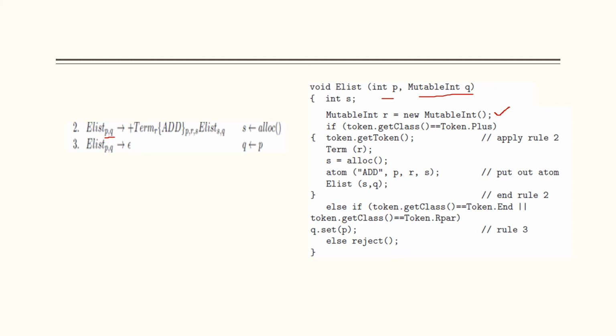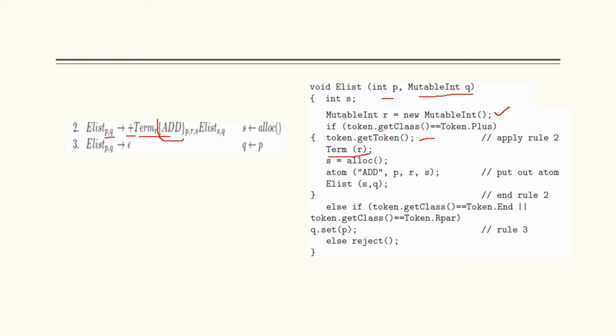So the input will start with a plus sign, so token dot plus. If it is token dot plus, then token dot get the input, and then you continue with term R. Okay, so term R is the parameter. Then there is addition here, which means that you need to store the information inside S. So S.alloc means the temporary storage to store the value.